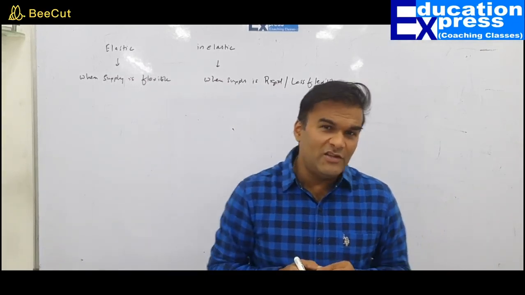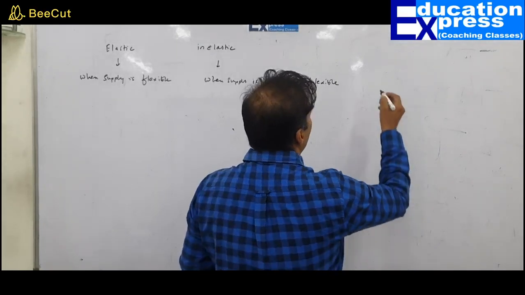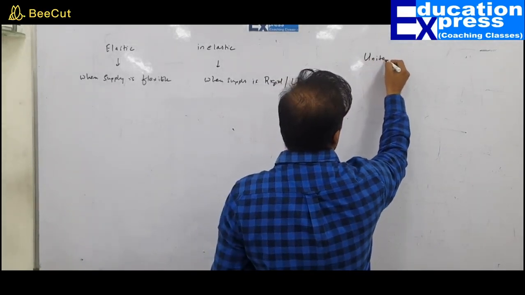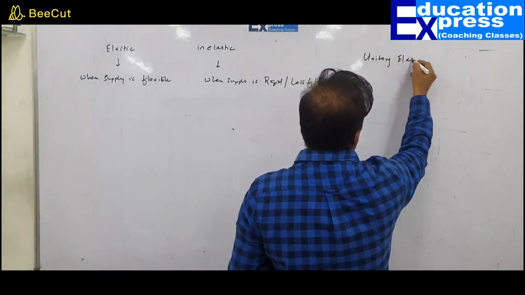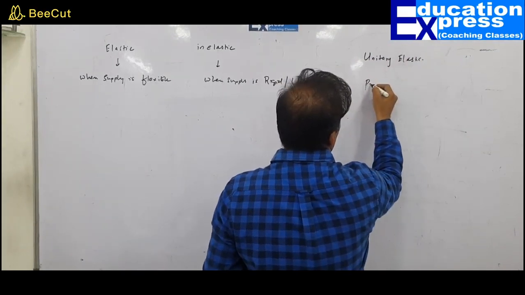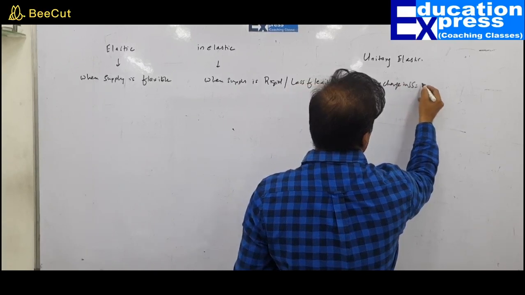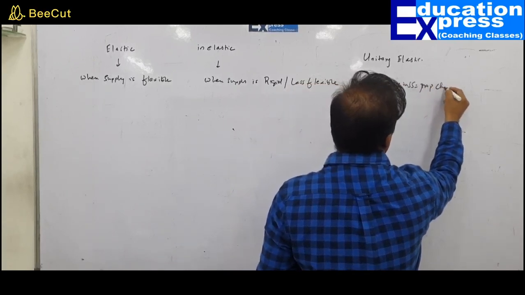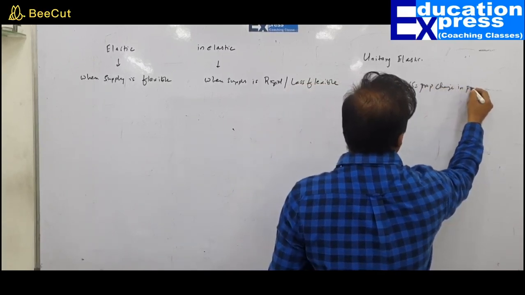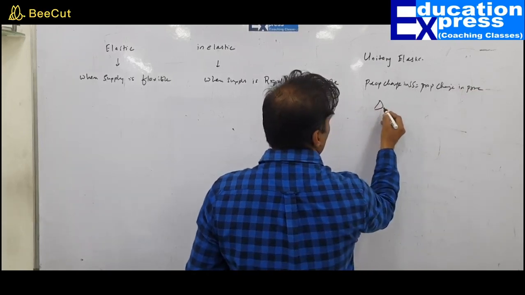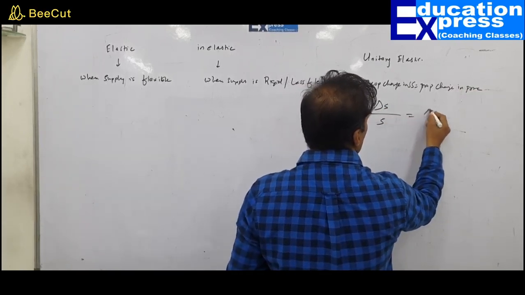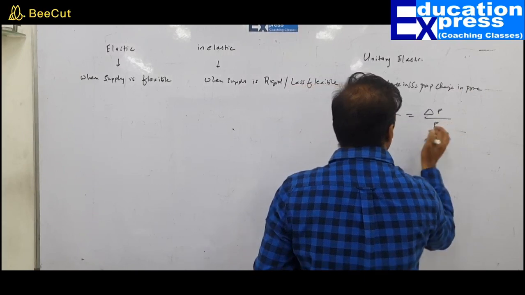As a result, we call it unitary elastic. What is unitary elastic? Proportionate change in supply is equal to proportionate change in price.